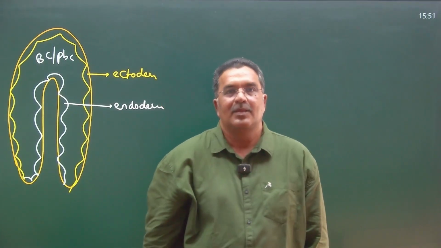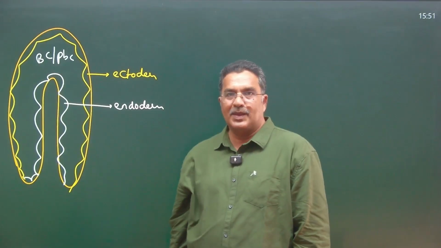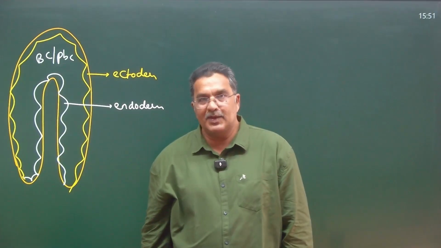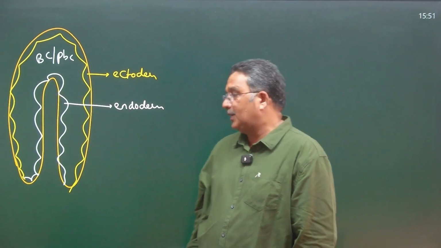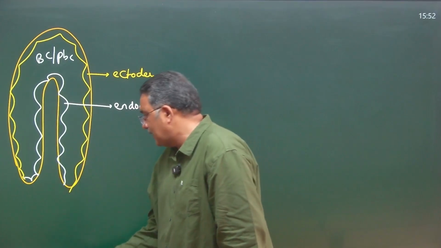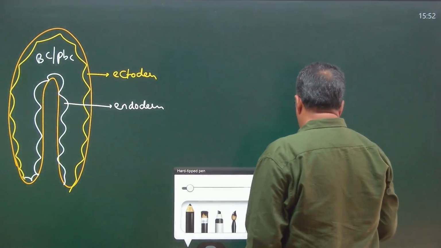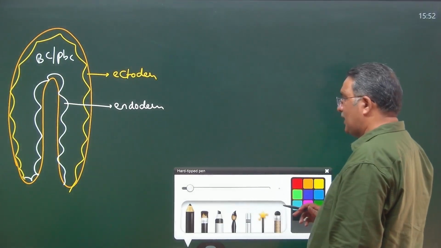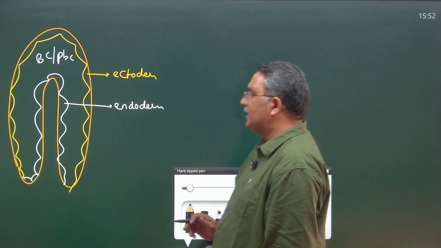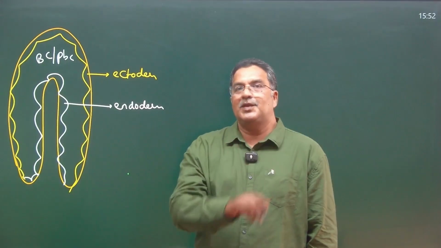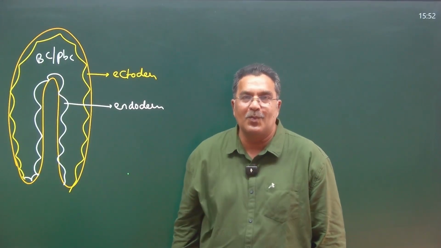Talking about triploblastic organisms, you need to expect the third germ layer. Who is the third germ layer? We have ectoderm, we have endoderm. The third germ layer is going to be mesoderm. And mesoderm is the hero for our topic, coelom.